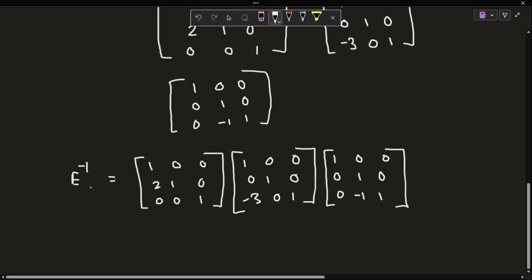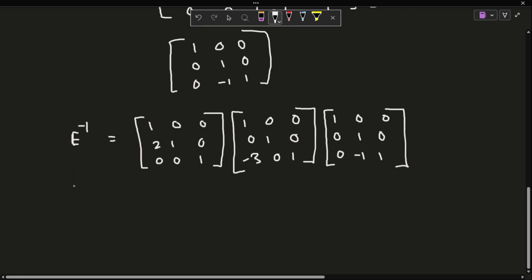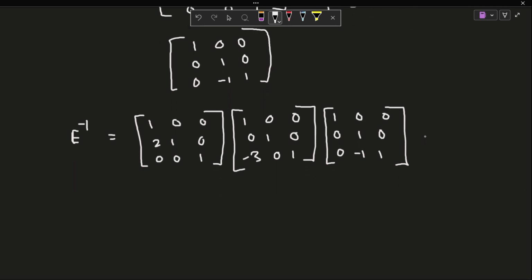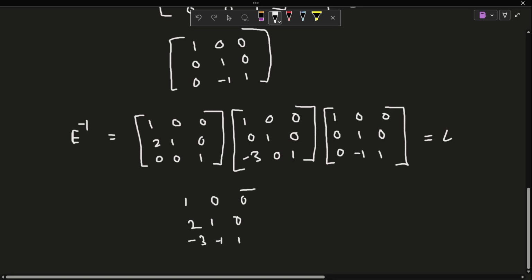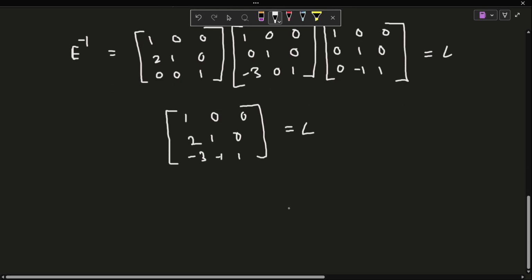So when we multiply all these together, we should get our cumulative matrix here, which is also L. And once you do that multiplication out, you'll get 1, 0, 0, 2, 1, 0, minus 3, minus 1, 1. And this is just going to equal L.